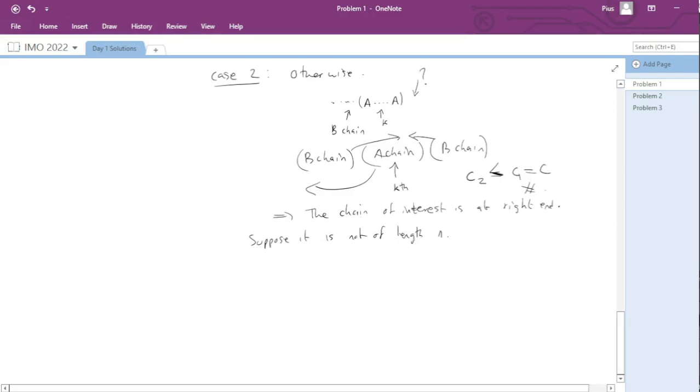So we see that if you don't have this, it implies that there exists another chain of the same type.